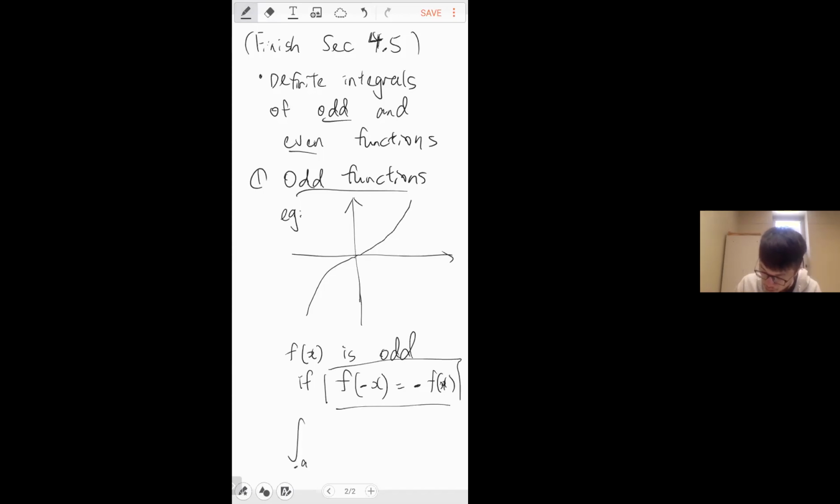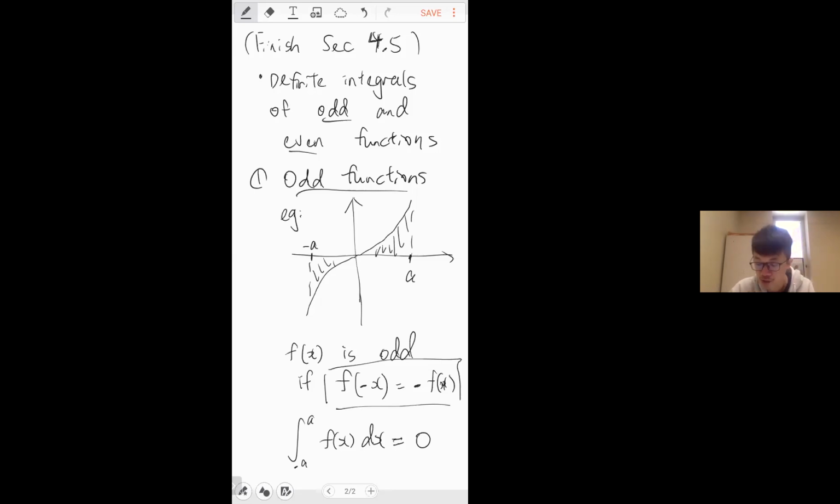And in this case, if I'm taking the integral from negative a to a, let's look at this example. This is an odd function, and let's say I want to take the integral from negative a to a. What do you think the integral is going to be? Zero.